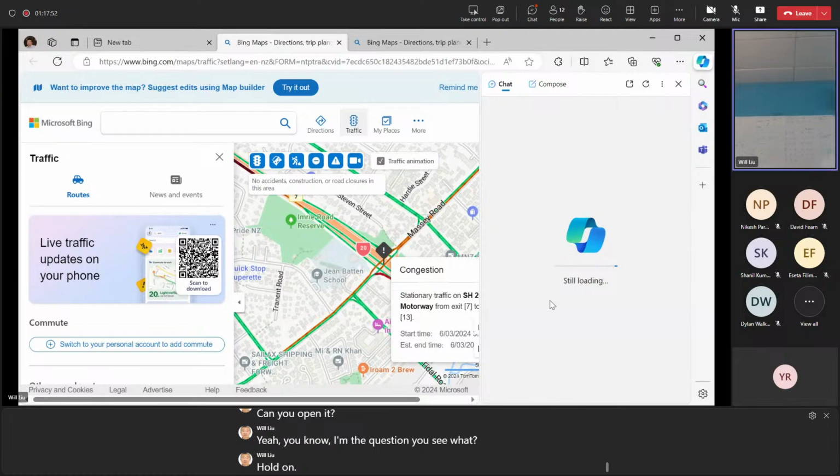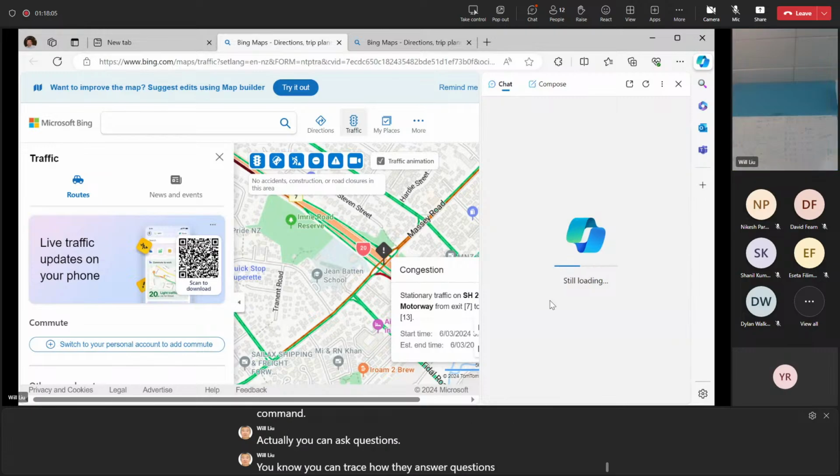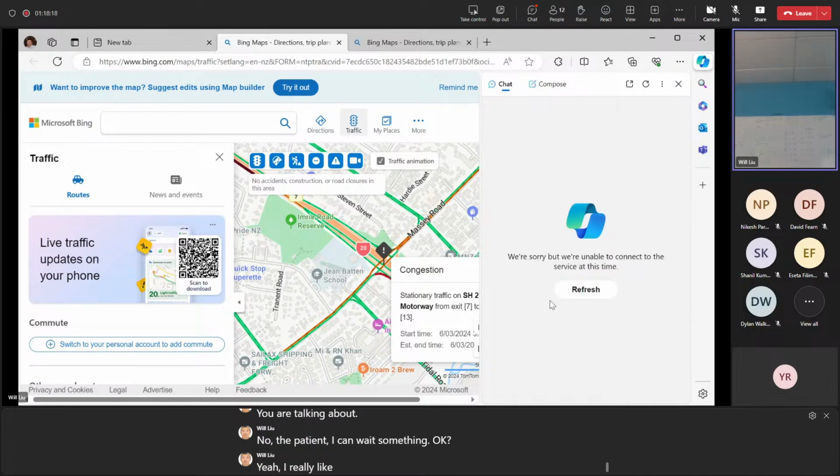The Copilot. You open the Microsoft Edge. On the right side, there is Copilot. You open the Copilot, and you can ask questions. You can even trace how they answer your questions. They are talking about efficient, accurate, something.